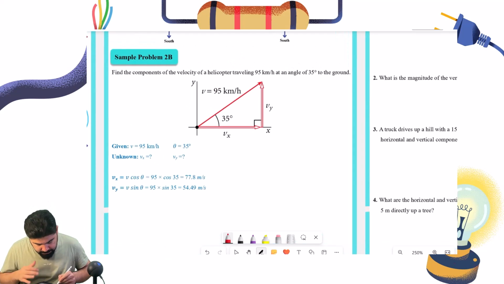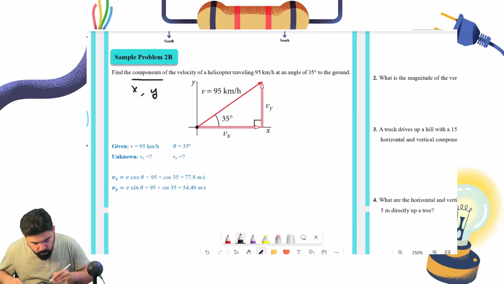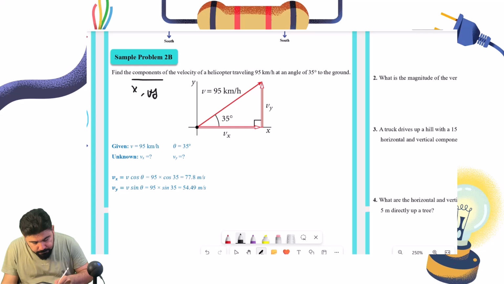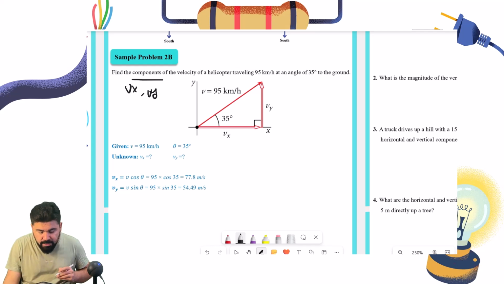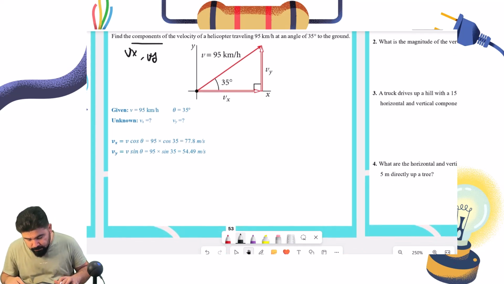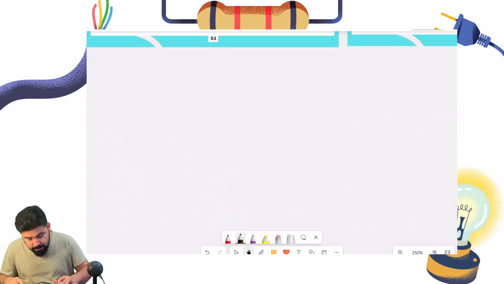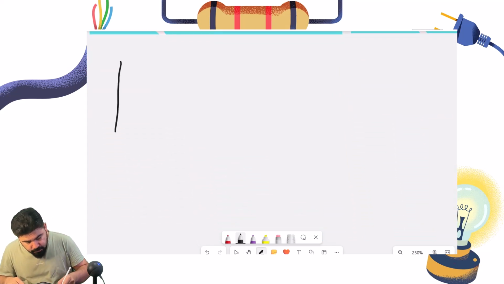Let's solve a question guys. It says find the components, x and y, of the velocity, so it's going to be vy and vx. Find the components of the velocity of a helicopter traveling 95 km/h at an angle of 35 degrees to the ground. Now guys let's draw this.